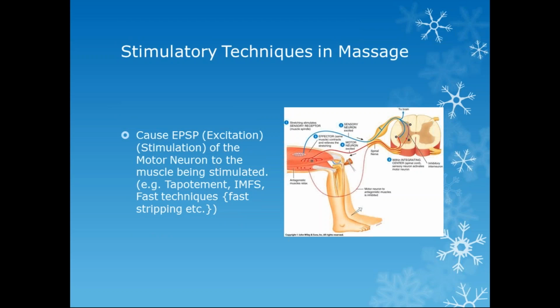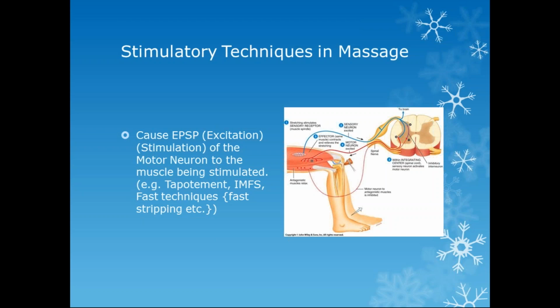So stimulatory techniques in massage cause excitatory postsynaptic potentials, or stimulation of the motor neuron to the muscle being stimulated. Things we use for that would be tapotement, IMFS, and doing things very quickly, like fast stripping.